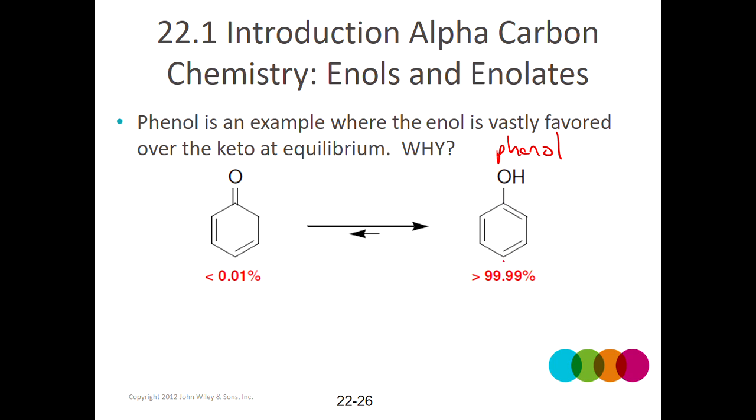And that is very stabilizing compared to having a ring not be aromatic because there's an sp3 hybridized carbon, so it breaks up the conjugation. So technically there's the same amount of conjugation, 3 pi bonds conjugated here, 3 pi bonds conjugated here, but here the resonance and the aromaticity associated with the ring really stabilizes it. So this enol tautomerization dramatically favors the product side due to the aromaticity.